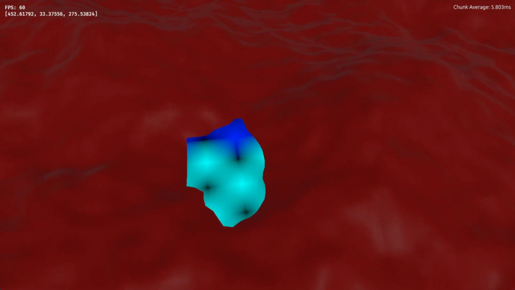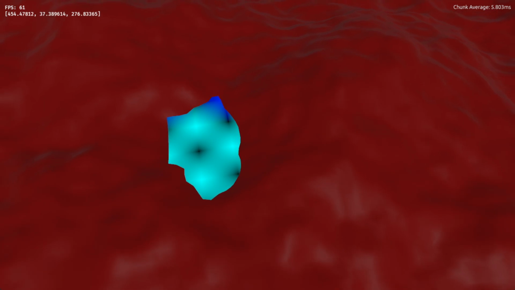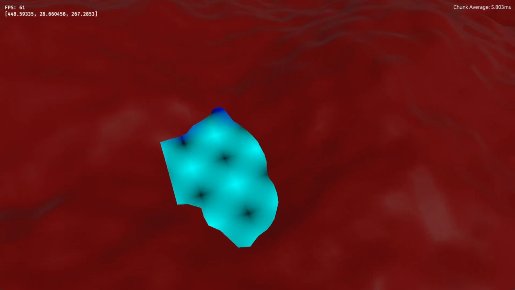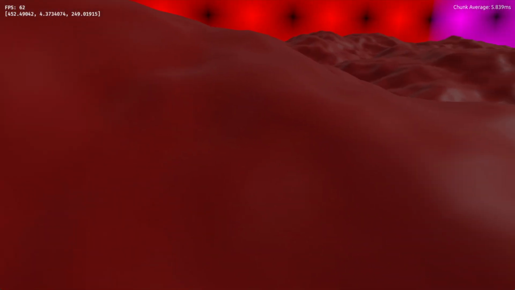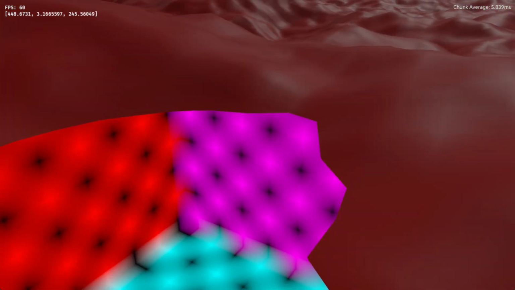But the problem with having a large chunk size is that doing this step through method. So it starts, this chunk is actually below 0. So you can see my Y value here is about 0. You can see the terrain typically generates around this level.